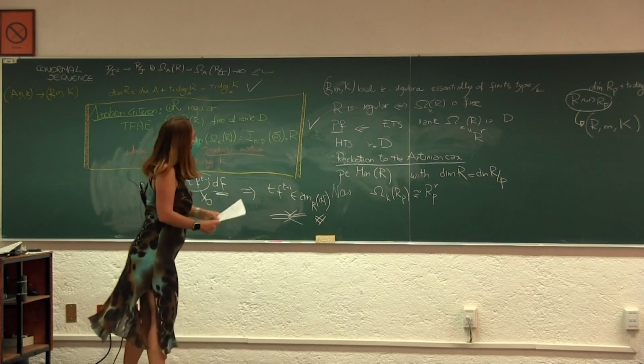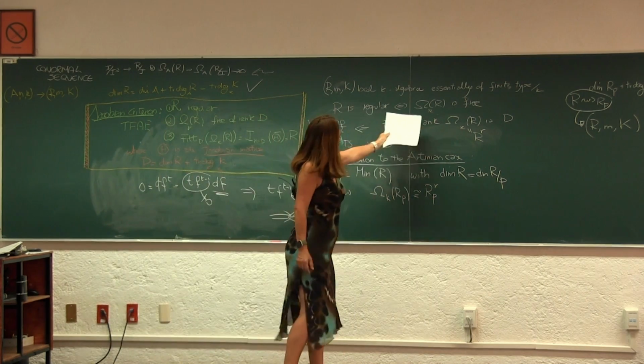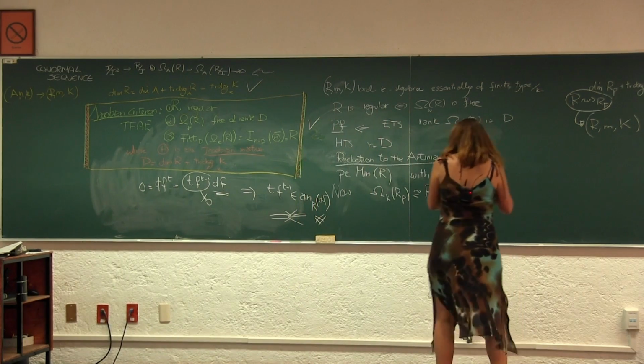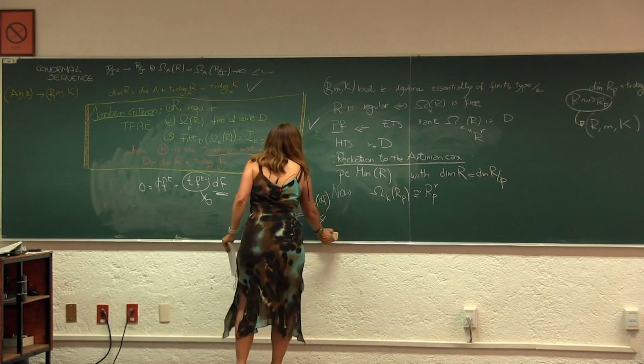Okay, now that we have proven this, and we understand that freeness is enough, I can define the Jacobian ideal first.